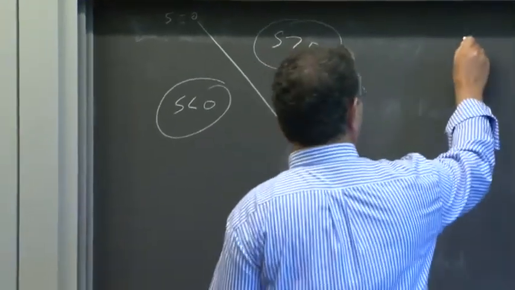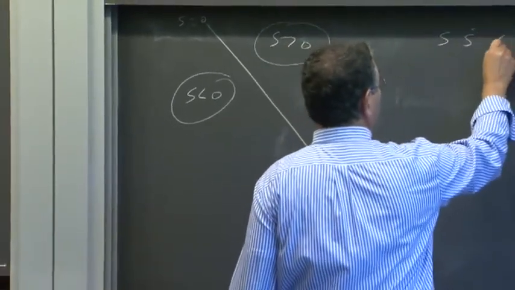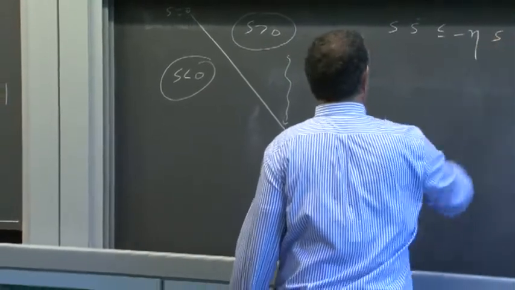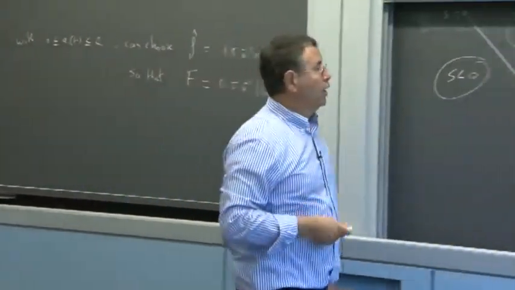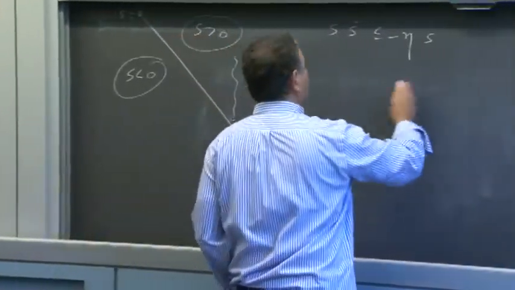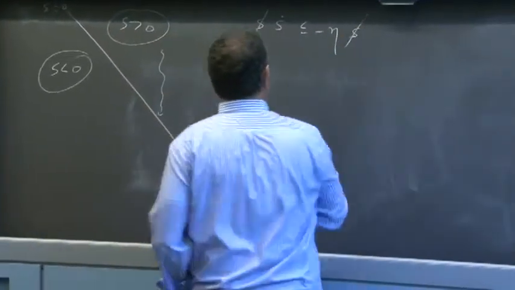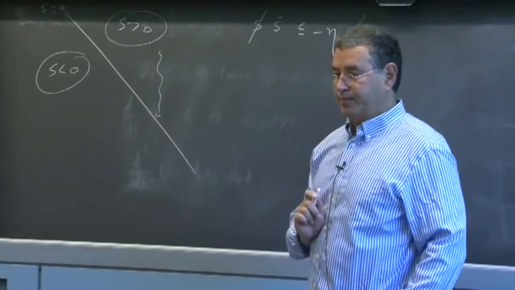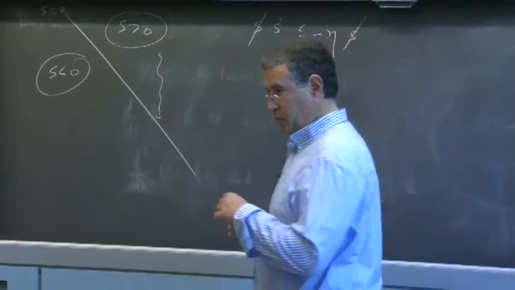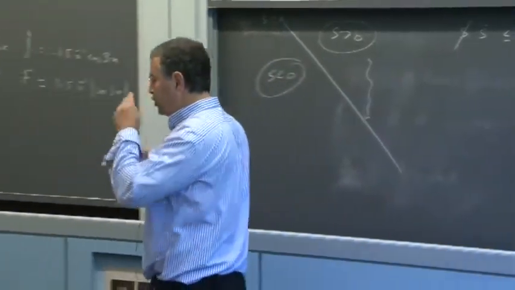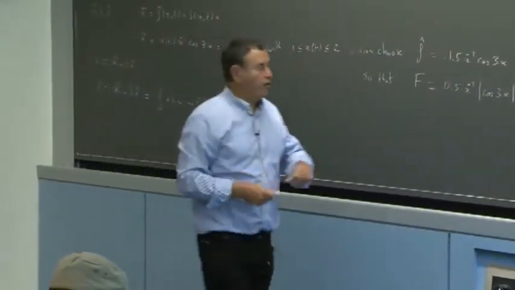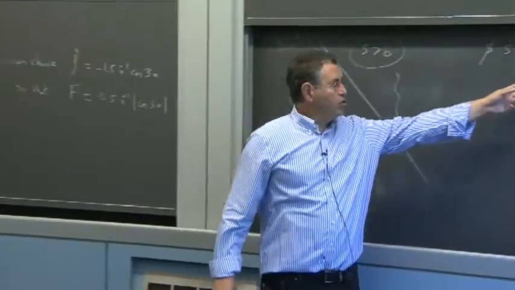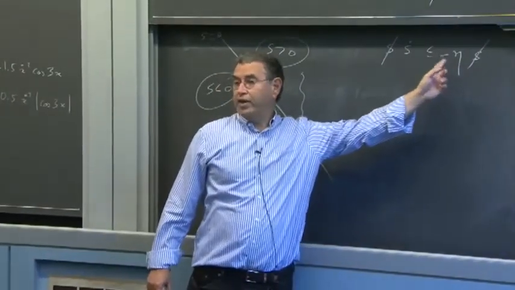So how can we write this equation? Well, it's S S dot less than minus eta absolute value of S, since S is positive. As long as S is not equal to 0, we can write this as S dot less than minus eta. And so, a little as in the asymptotic proof in Lyapunov theory, the derivative S dot is always less than some finite negative number.